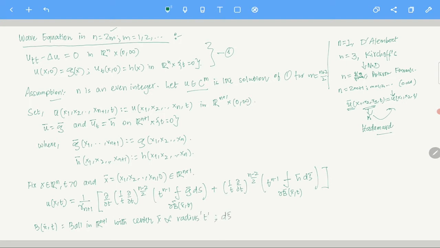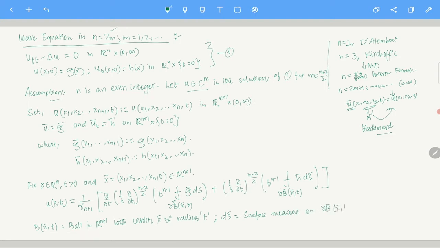That denotes the surface measure, if you want to put it properly. Otherwise, it is just the surface element. If you do not know the measure, think of this as a surface element on del B bar (x bar, t), the surface measure on del B bar (x bar, t).